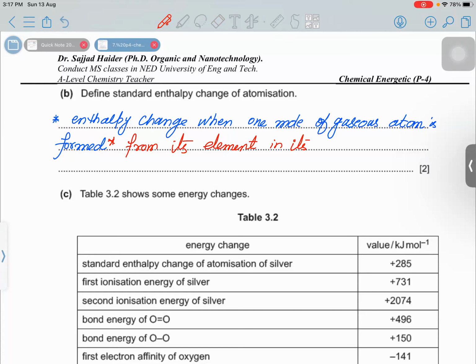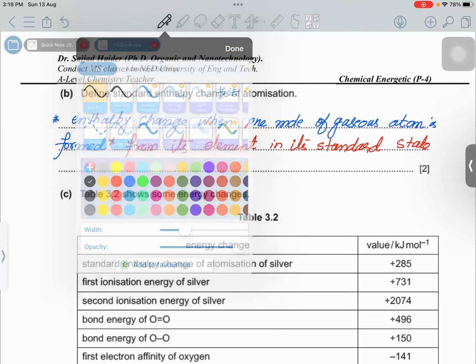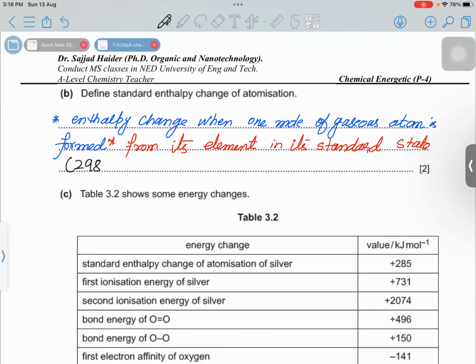If you have carbon, carbon is graphite, so it must be solid. You can also write standard condition, which means 298 Kelvin temperature and 1 atmospheric pressure.